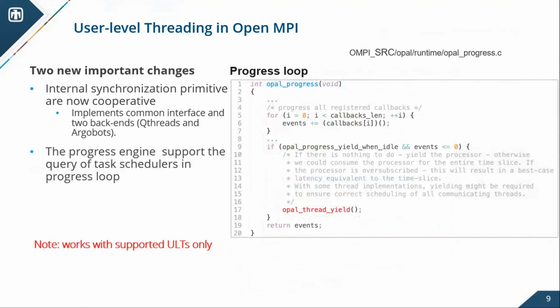So these are two additions that we added. One is the implementation of the locks. One is the addition of the periodic polling into a task runtime in the main OpenMPI progress engine. Now, this works only with user-level threading libraries such as QThreads and Argobots.